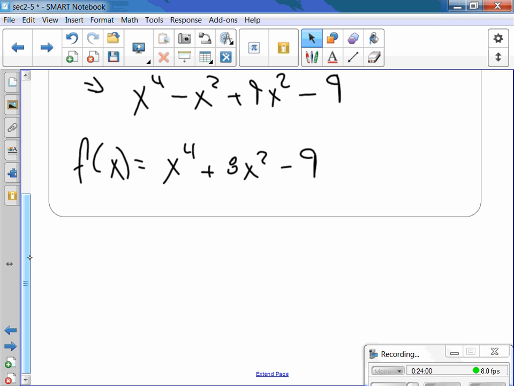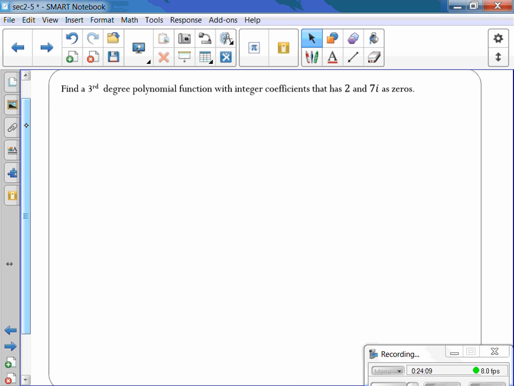Here we want to find the third degree polynomial with integer coefficients that has 2 and 7i as zeros. You guys tell me what you get.